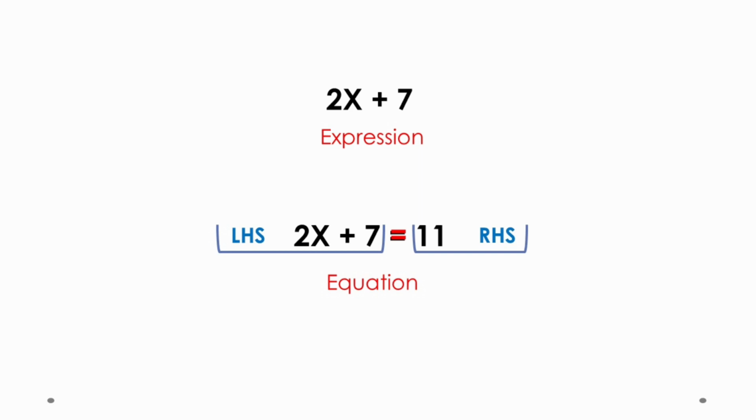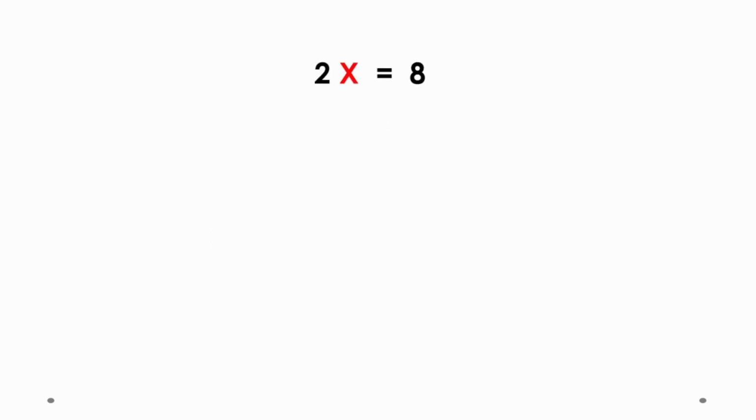To find the value of a variable, let's use the equation 2x is equal to 8. Here, in 2x is equal to 8, we wish to find the value of x, so that left-hand side becomes equal to right-hand side. If we place the value of x as 1, then the equation becomes 2 into 1 is equal to 2.